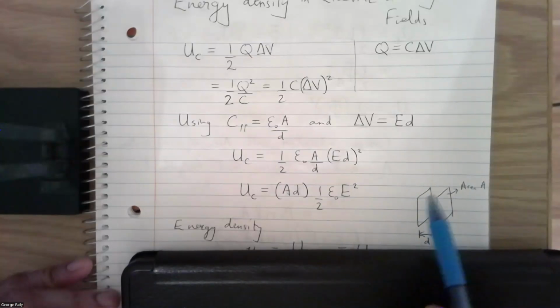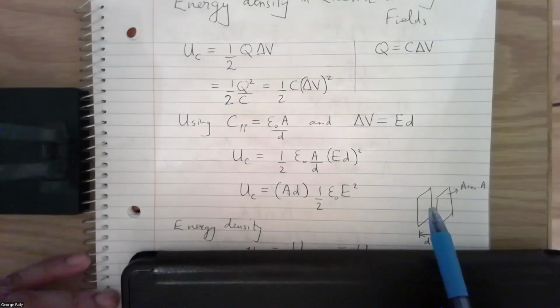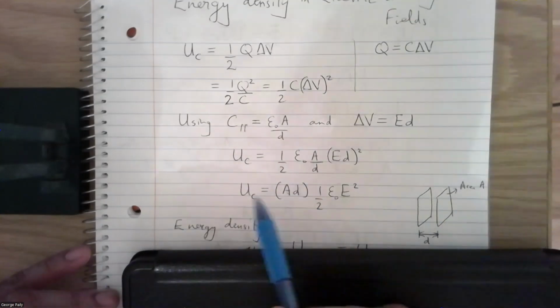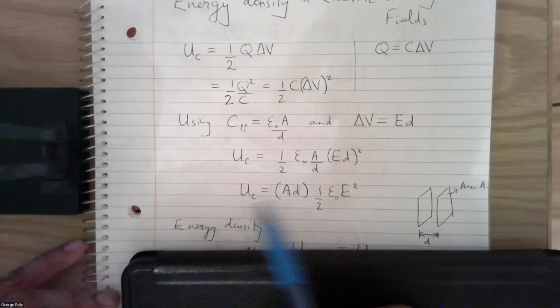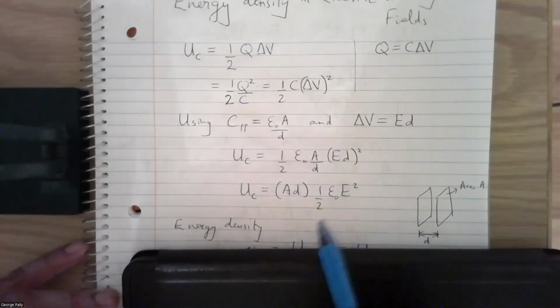So really what we have is a volume between the plates where there is electric field and thus where there is energy. And since the electric field is uniform there, presumably the energy density is uniform. So we can think of this total energy stored in the capacitor as being a volume times an energy density.